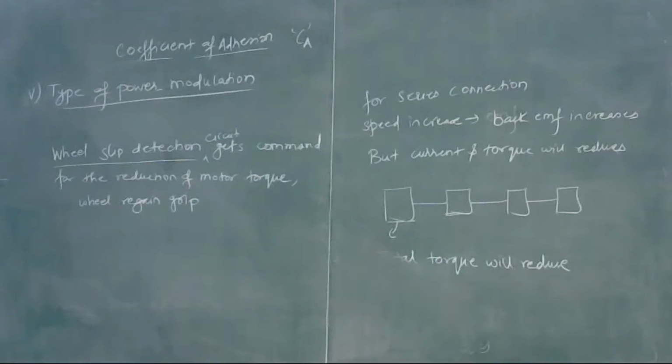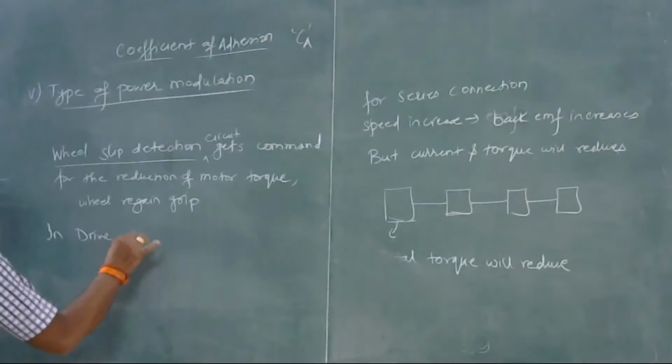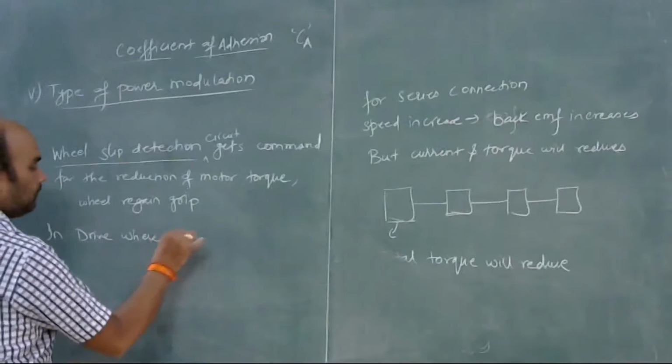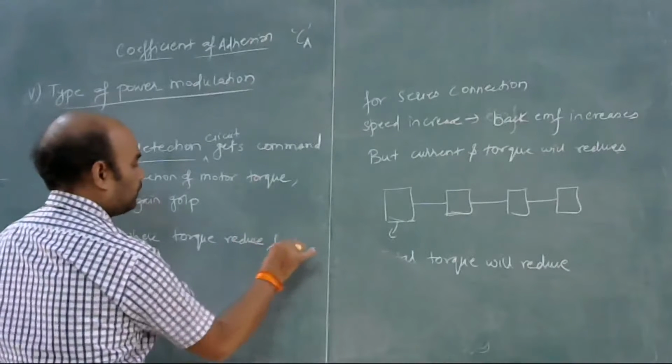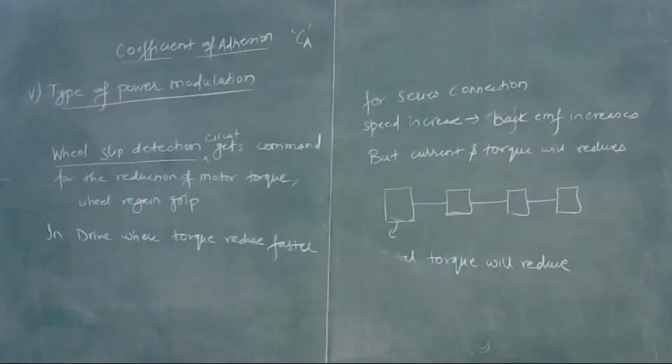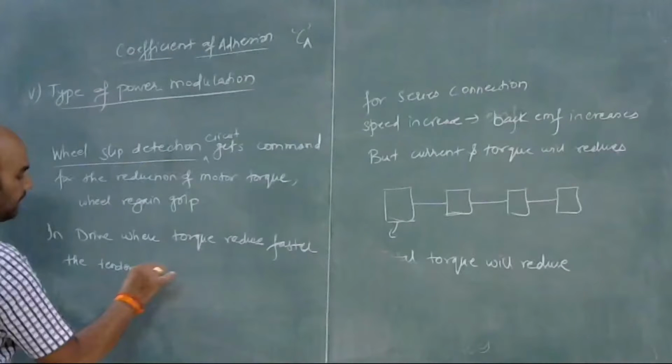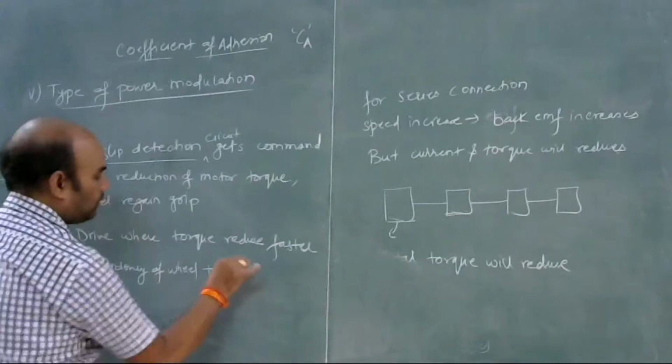So in a drive where torque can be reduced faster, the tendency of the wheel to slip is lower.